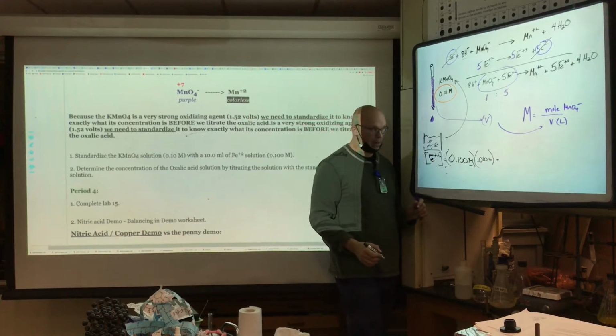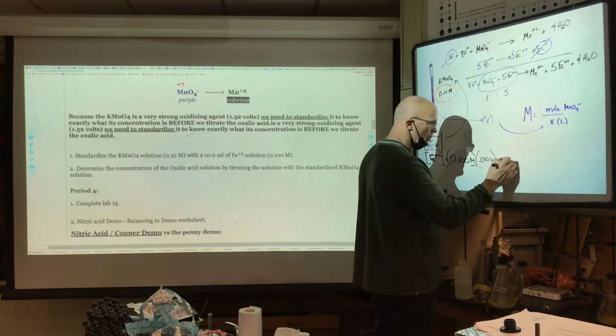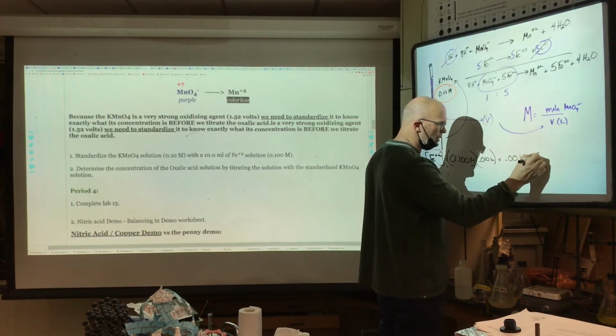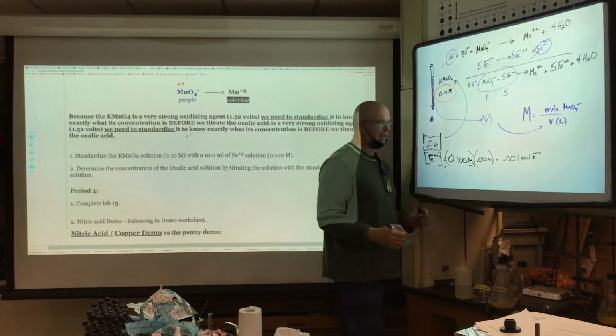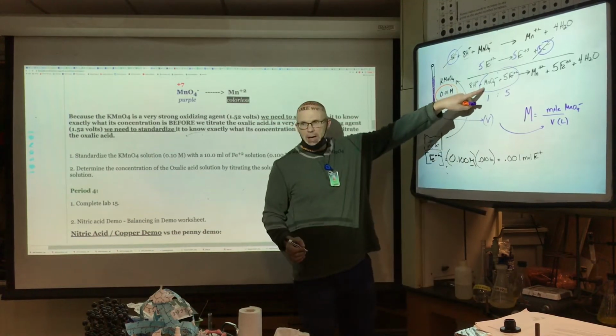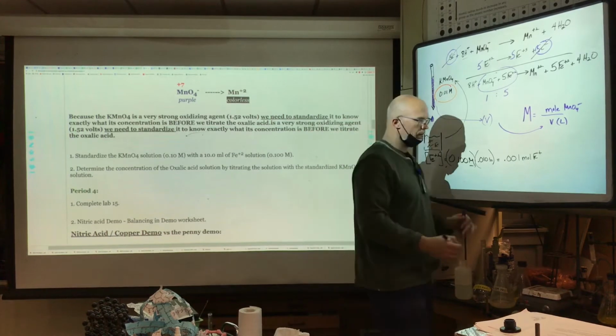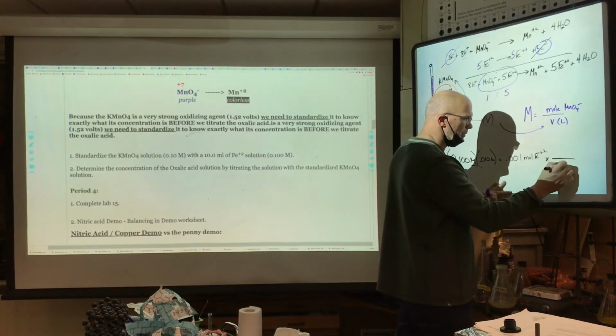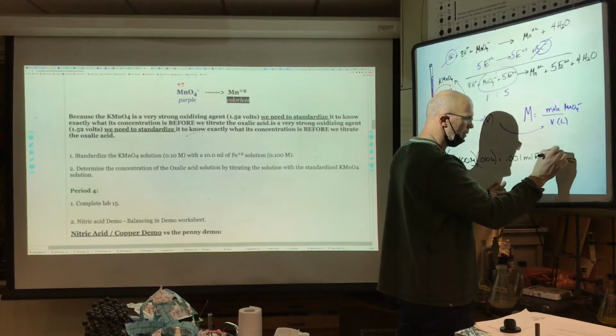Moles all the time. So this is going to give me 0.001 moles of Fe+2. I have to convert that to MnO4. How do I do that? Get rid of Fe+2 and give me MnO4 negative.